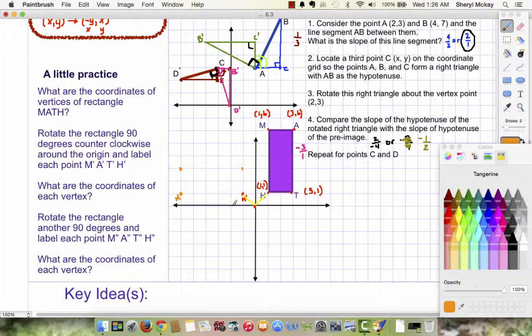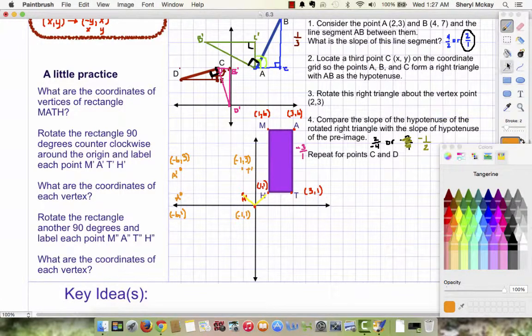So the vertices of my coordinates are, for H, let's see, -1, 1, and -6, 1, and this one is -6, 3, and -1, 3. So you can see again, this is T prime, this is A prime, how these have this pattern, and I can actually connect those, okay?